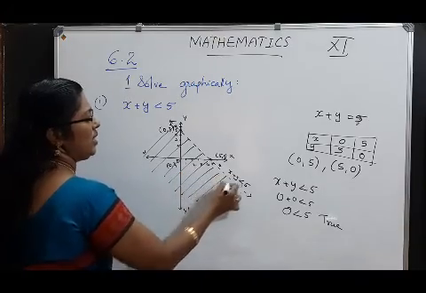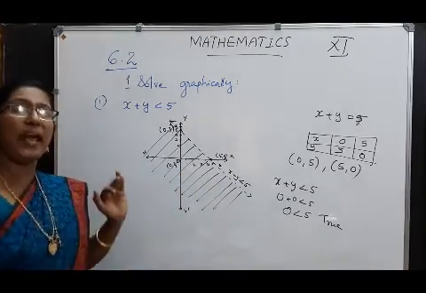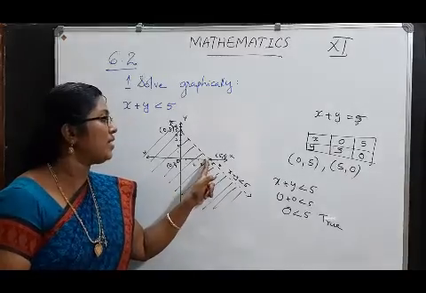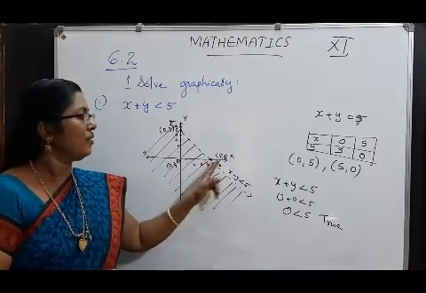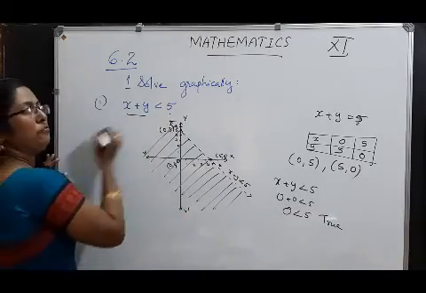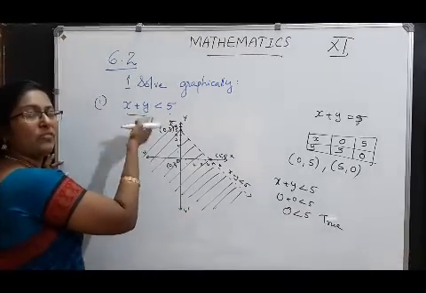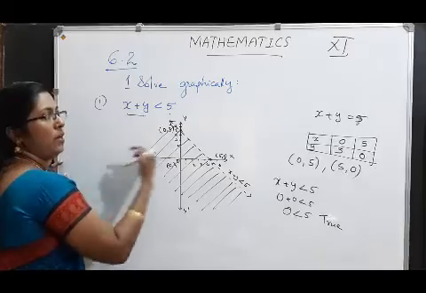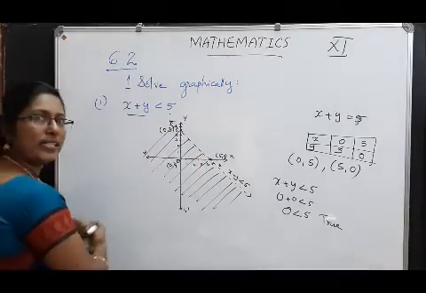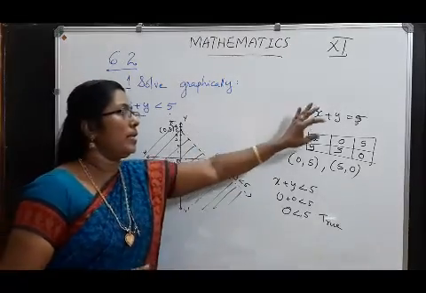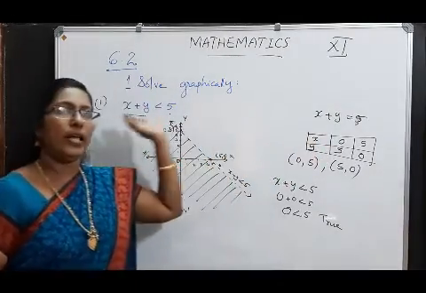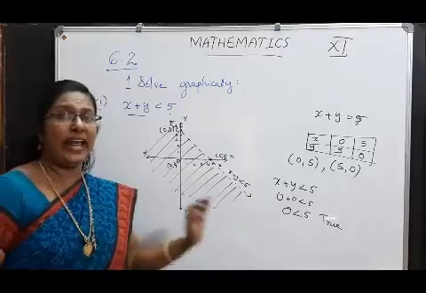The solution is this shaded region. That means the maximum value of x plus y is 5, and all the values are less than 5. So first of all, draw a linear graph that should be a straight line.